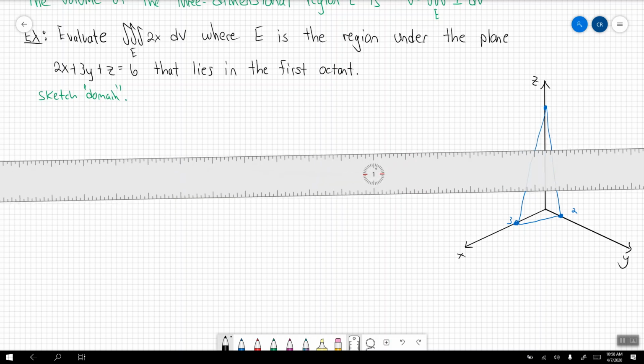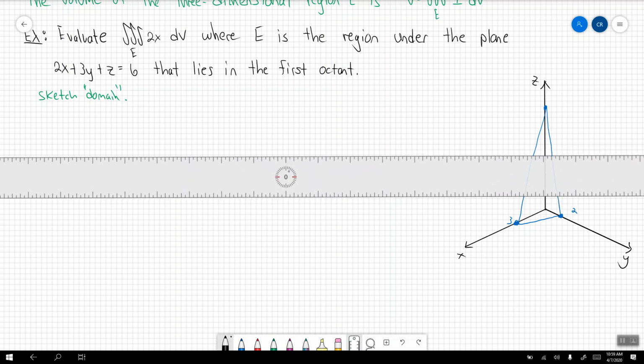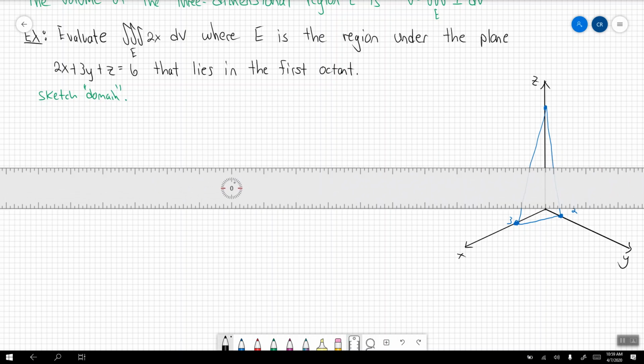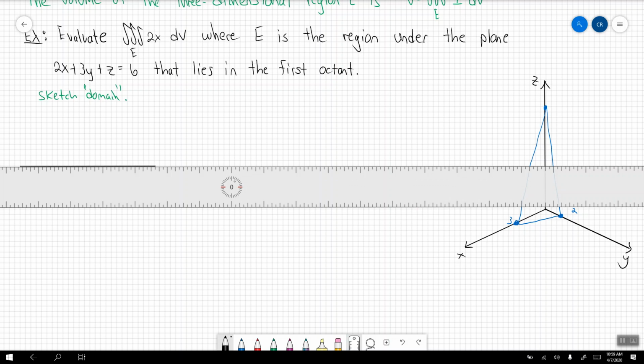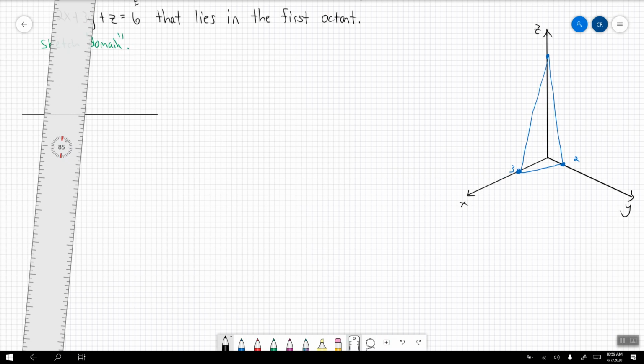I want kind of a good grid going here. That way we can establish what it is that we're going to be looking for.